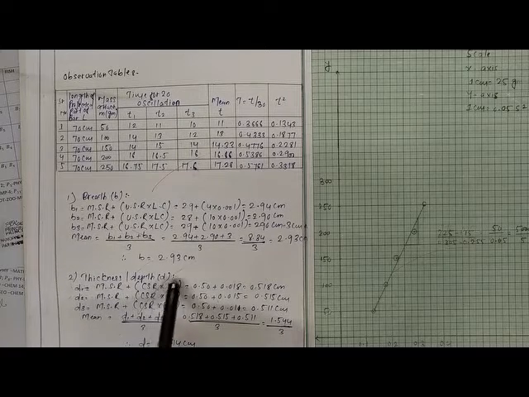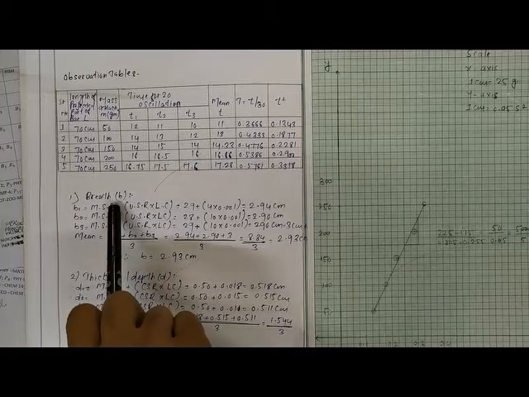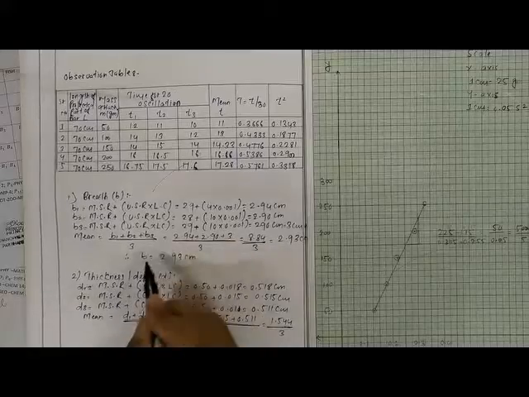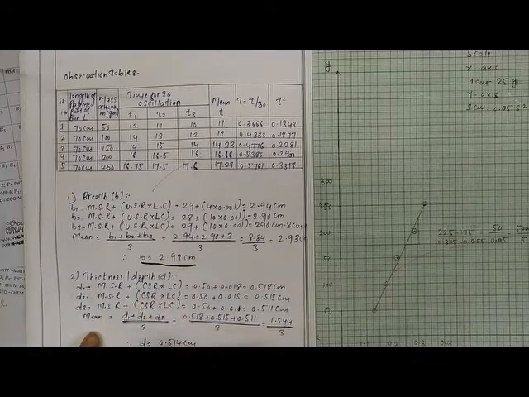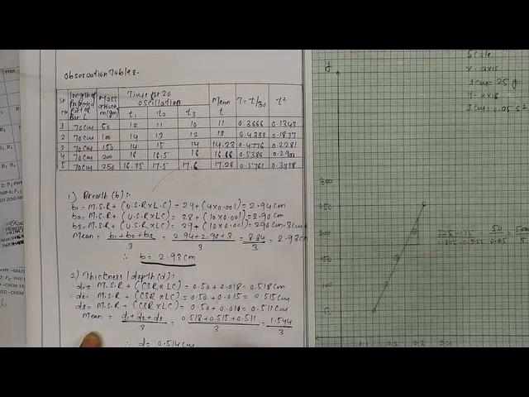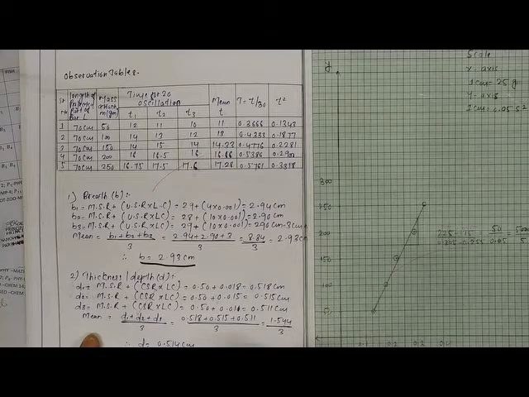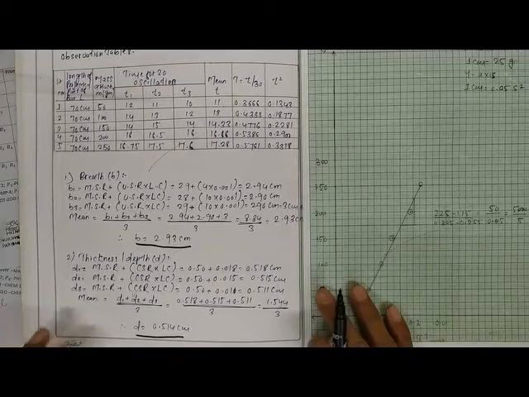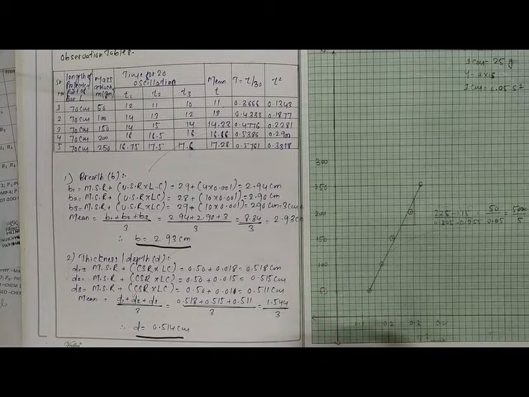This particular thickness is measured by the screw gauge, and the breadth is measured by the vernier caliper. So finally we get breadth as 2.93 and thickness as 0.514 centimeter of our wooden bar.